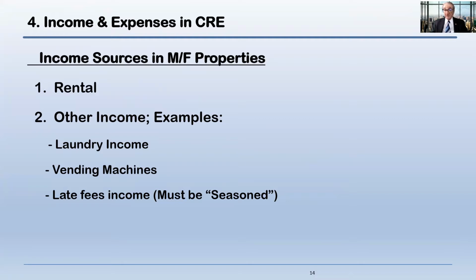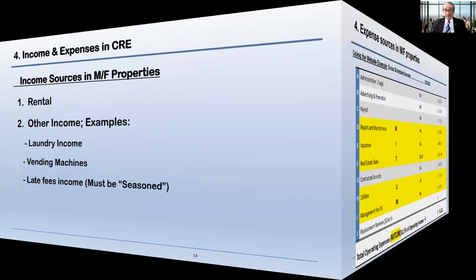The meaning of seasoned, as used by the bank, is that it has to be there for a while, for a couple of years or so, so they can depend on it as it is being considered for making the loan and so forth.